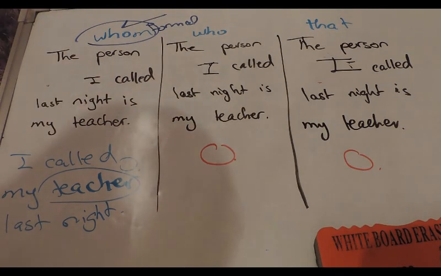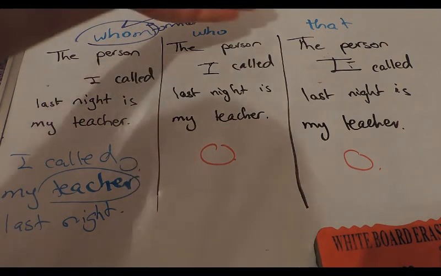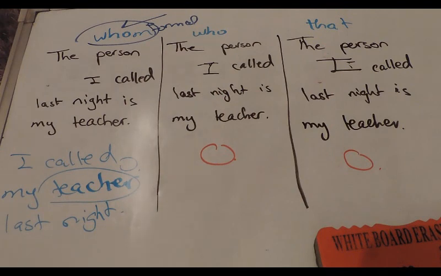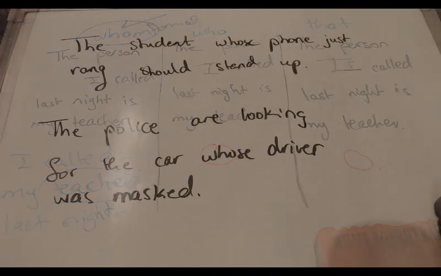And it is definitely correct to just remove who, whom, and that from the sentence, keeping it with the person I called last night is my teacher. The following sentence you just heard is correct.